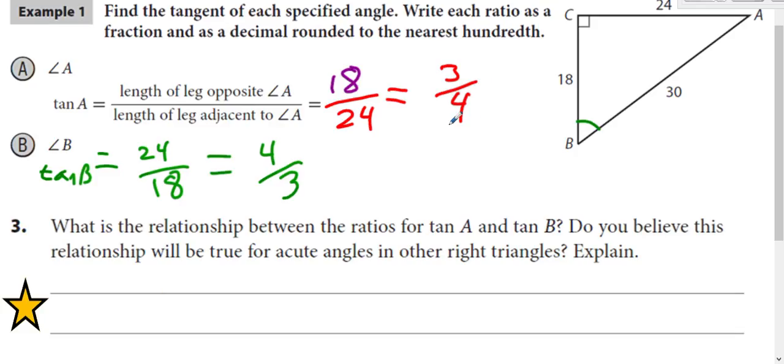The fractions flipped; the fancy math term is they are reciprocals. In a triangle, if you know one of the tangent ratios and you're trying to find the tangent ratio for the other angle, you just flip it. Just take the reciprocal. It makes sense because the only thing that changes is which side is opposite and which side is adjacent.